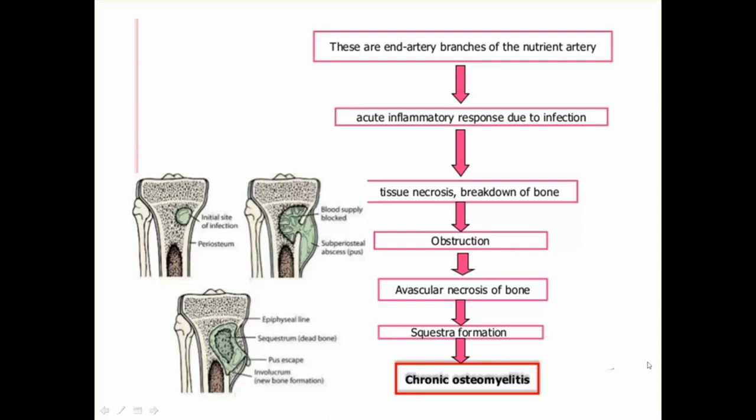That's what happens if the organism reaches the bone, and the nutrient arteries are considered end arteries.